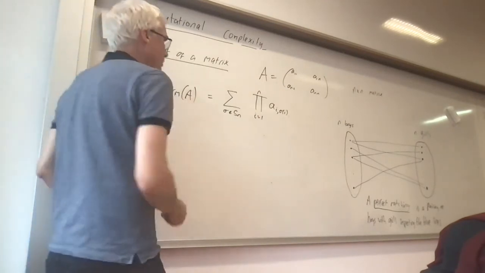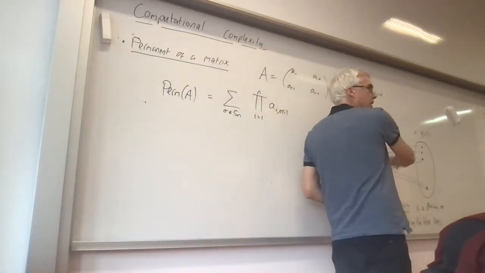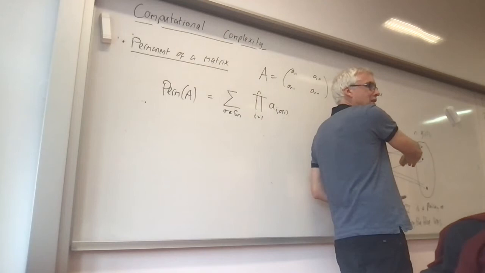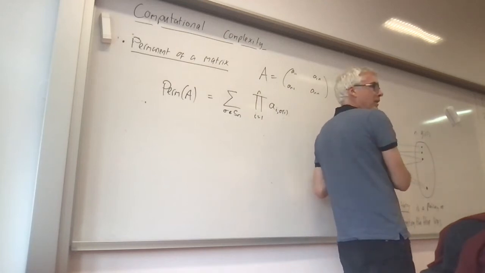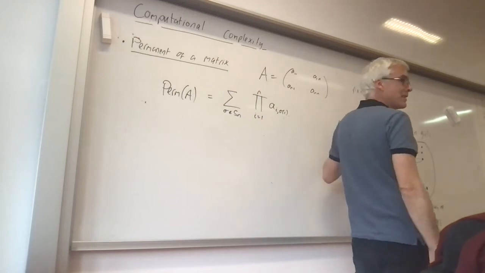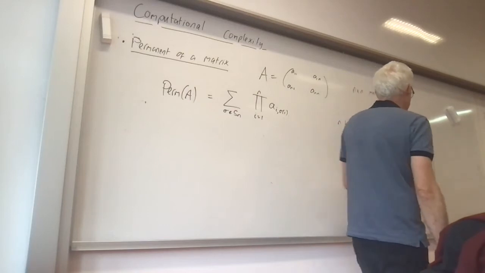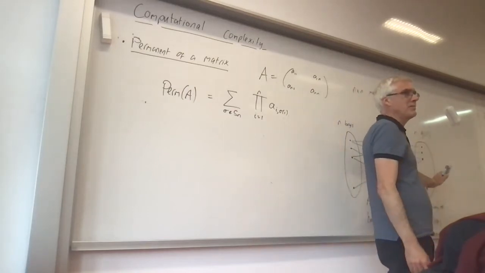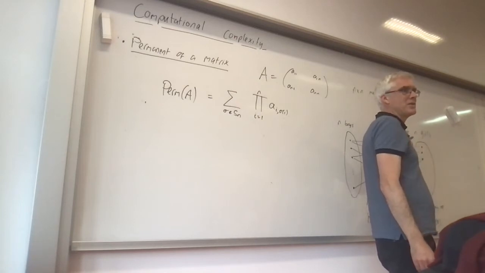So what's this got to do with the permanent? Well, the blue lines here can be represented by an n by n matrix, where we have, say, boys as the indices for the rows, that's the right plural of index, and girls as the indices of the columns, and a 1 whenever there's a blue line and a 0 whenever there's not a blue line.